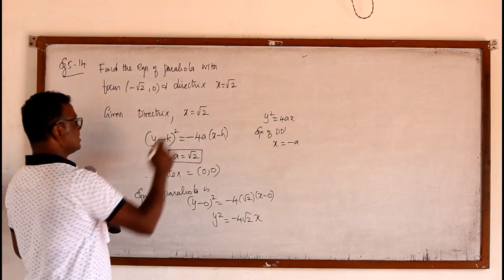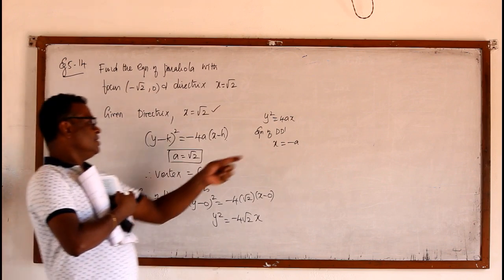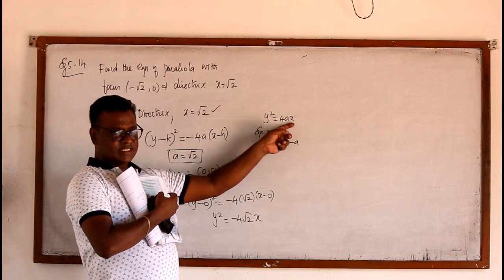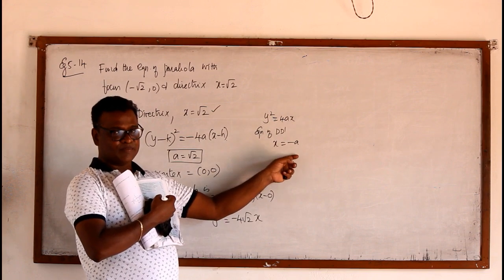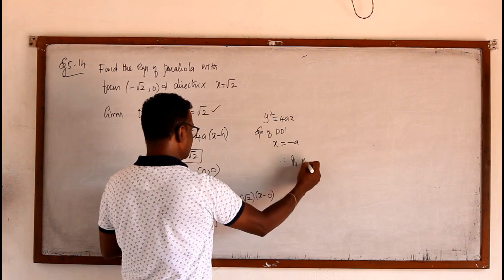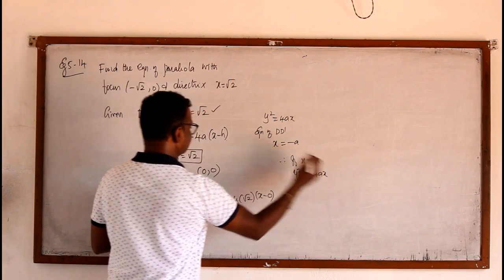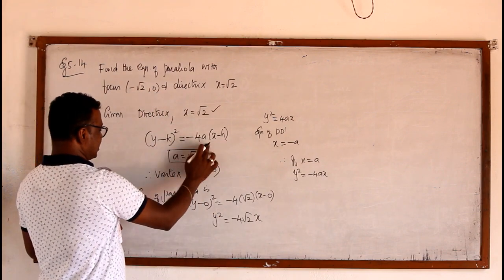Once again, try to understand: by knowing the directrix itself, we can write the equation of the parabola. Y square equal to 4ax is the standard form, where the directrix is x equal to minus a. Therefore, if x equal to plus a, then the equation is y square equal to minus 4ax.